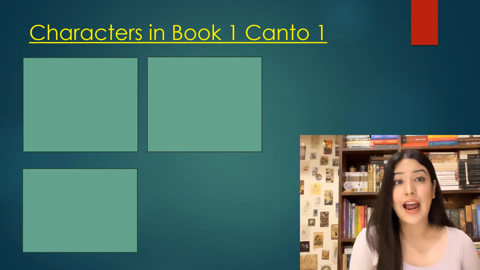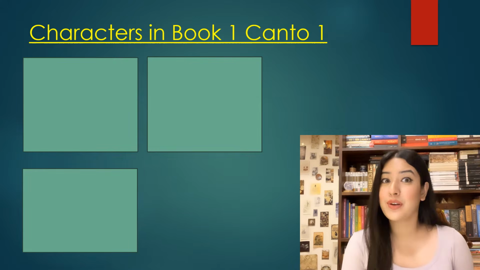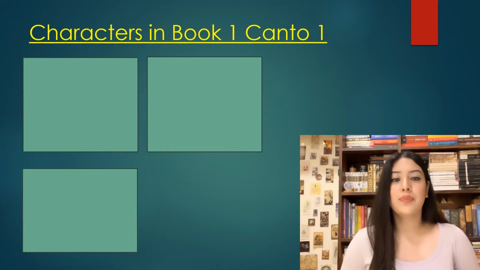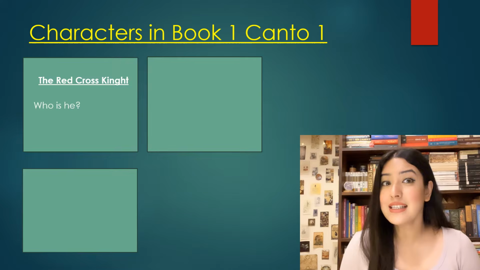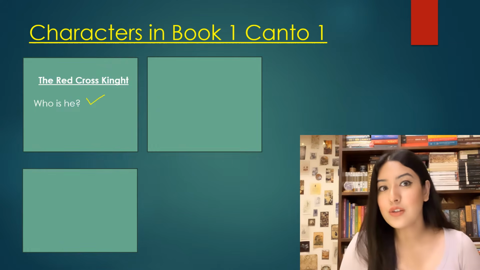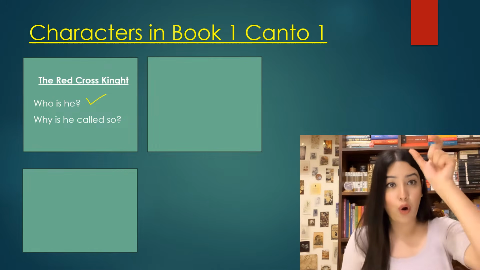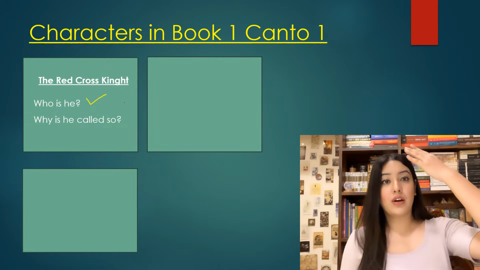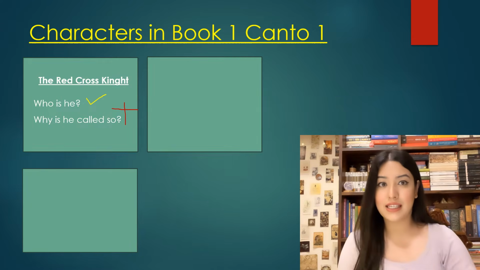So let's look at the characters in book 1, Canto 1, so that we understand the story when we read it. The Red Cross Knight is the first character. Who is he? He is the protagonist of book 1. And why is he called the Red Cross Knight? It is because he bears the cross on his armor and on his shield, and it's red in color.